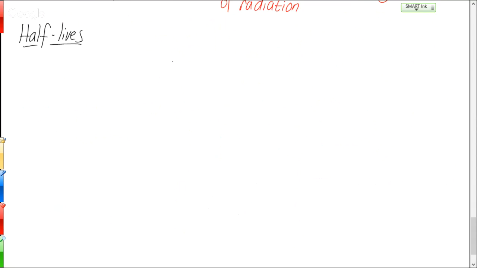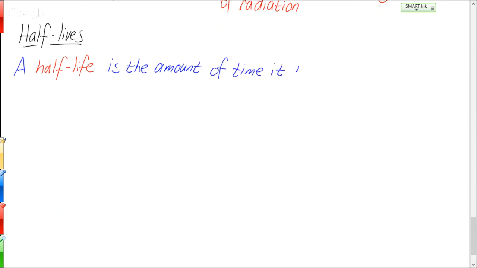So the half-life is the amount of time it takes for half of a sample of whatever to decay.